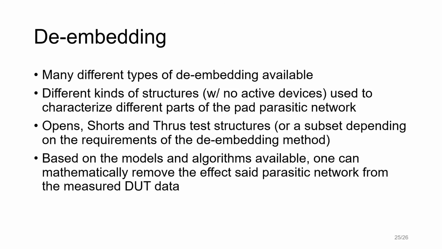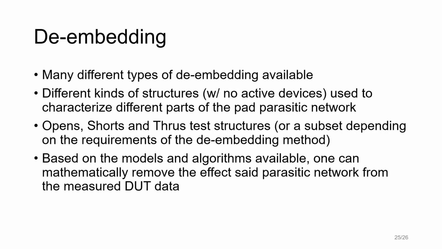Different kinds of structures, which contain no active devices in them, are used to characterize the different parts of these pad parasitic networks. So opens, shorts, and through test structures, or a subset of them depending on the requirements of the de-embedding method that we are using, are used for this.